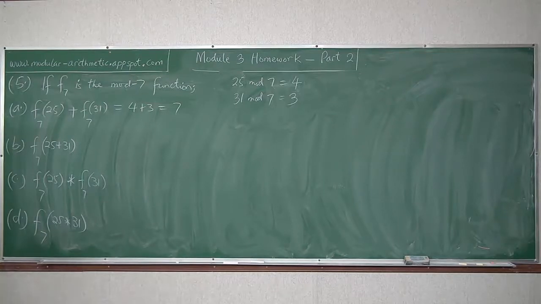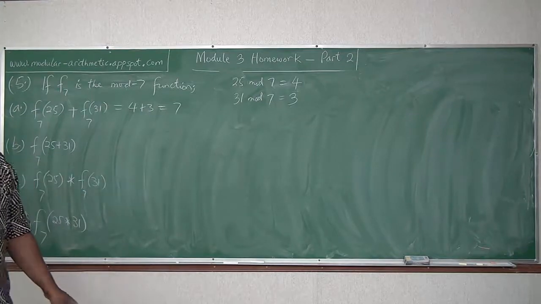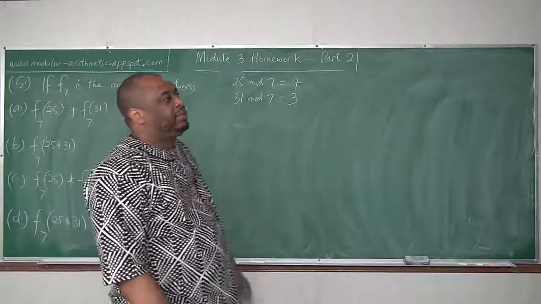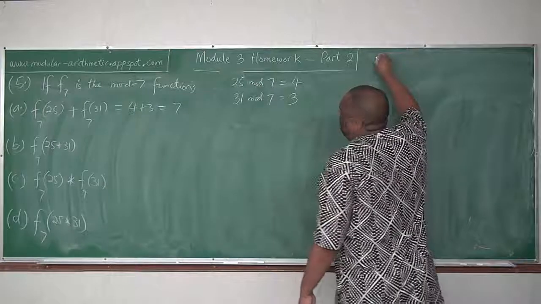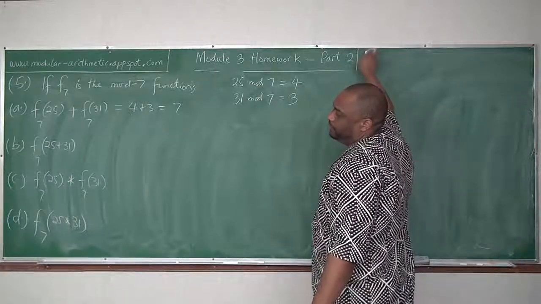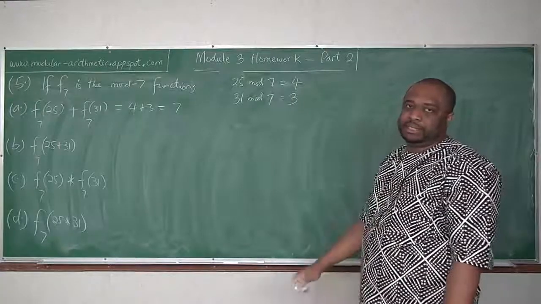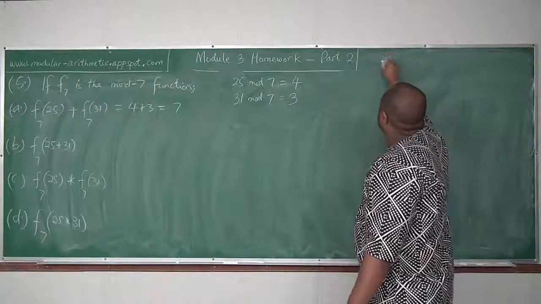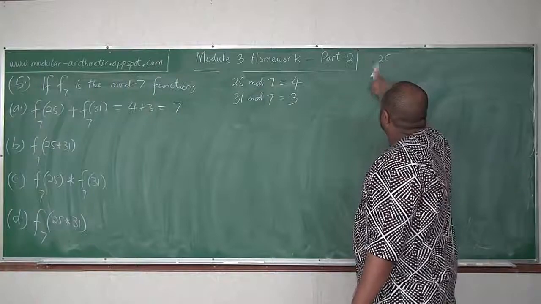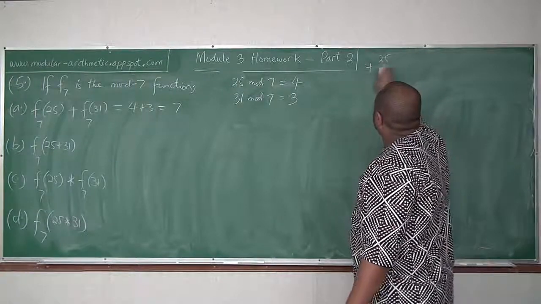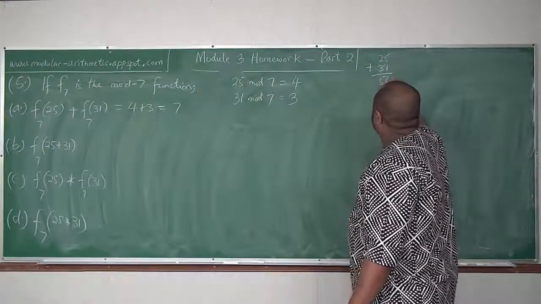Now, in this one, we do 25 plus 31. 25 plus 31 is 56.